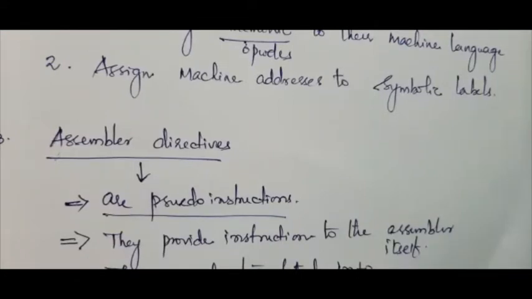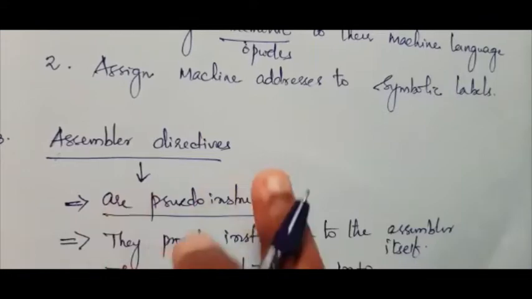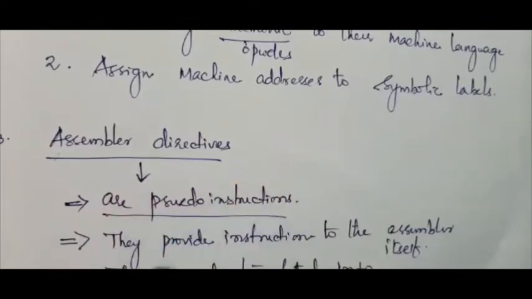So assembler directives are pseudo instructions. They provide instructions to the assembler itself. They are not translated to the machine operation codes.